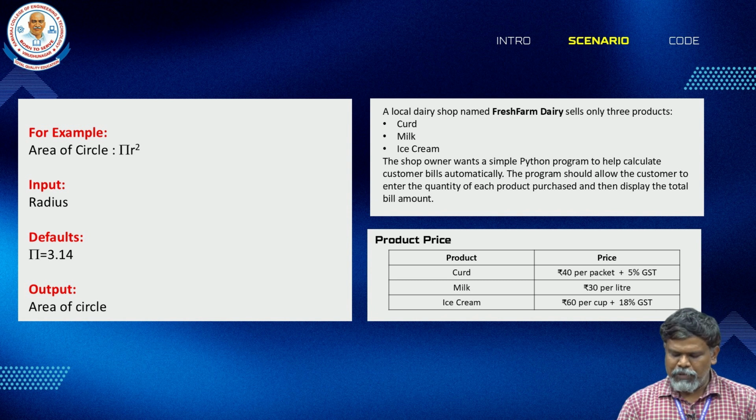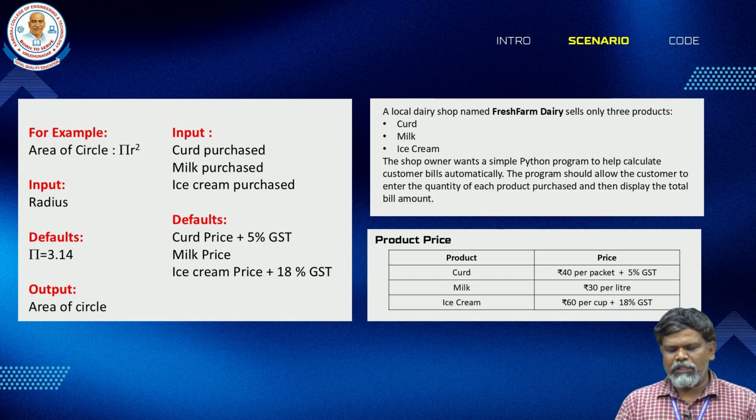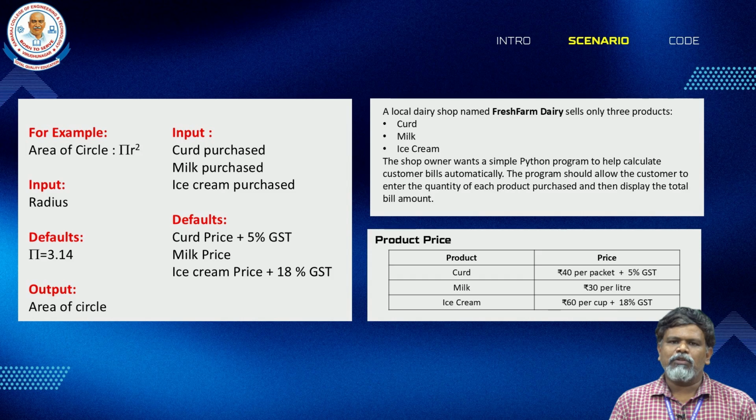So for a scenario, first we have to check the inputs. What inputs do we need? What they have mentioned is curd, milk and ice cream. We want to know the quantity of curd purchased, milk purchased and ice cream purchased by the customer. And the default values given are the product prices.